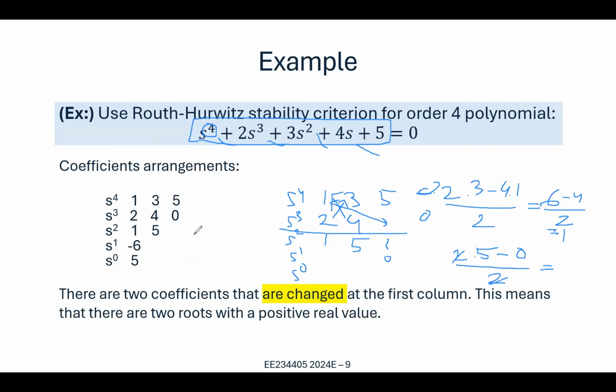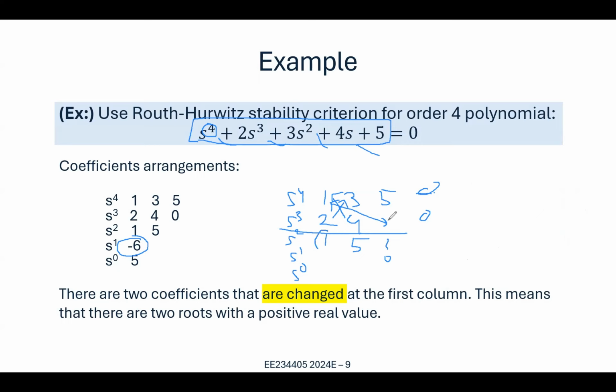Then after that, we do the same with the fourth row. We do that for the third time. We kind of do the same, right? So 1 multiplied by 4, which is 4, minus 2 multiplied by 5, which is 10.